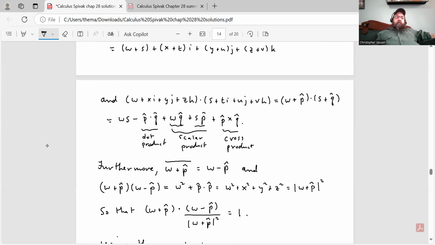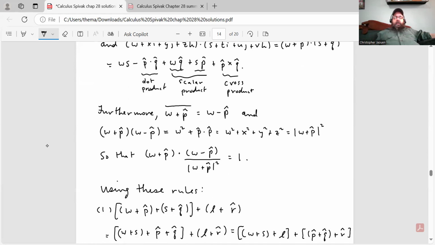Anyway, we also have a notion of a conjugate. If you want to take the conjugate of W plus P hat, you just negate the vector part. So the conjugate of W plus P hat is W minus P hat. And there's a similar property here. When you multiply conjugates together, what you get is the norm of the quaternion W plus P hat.